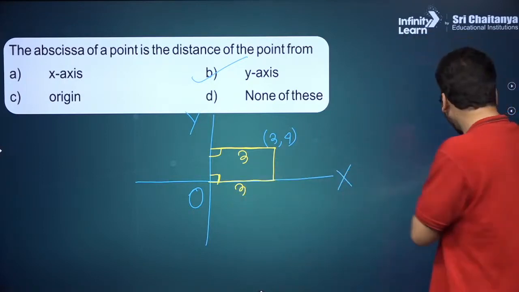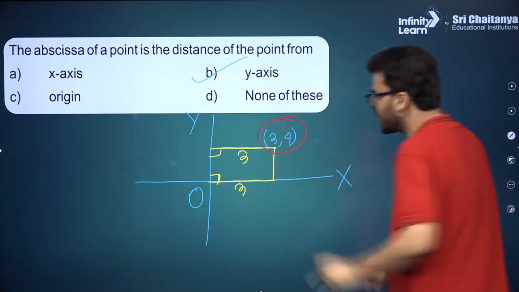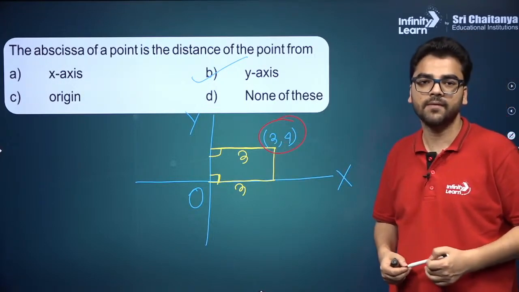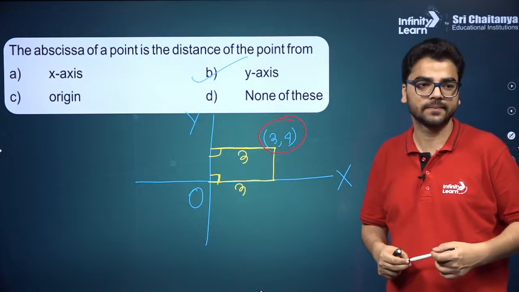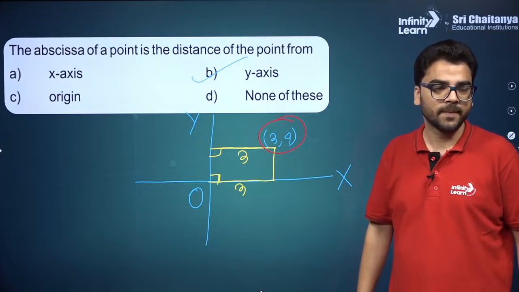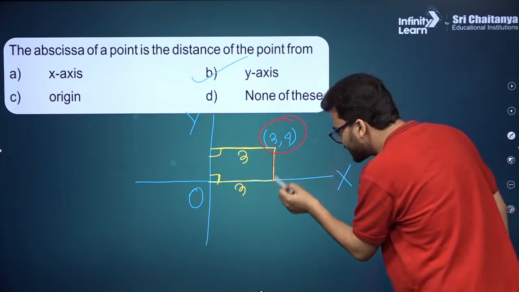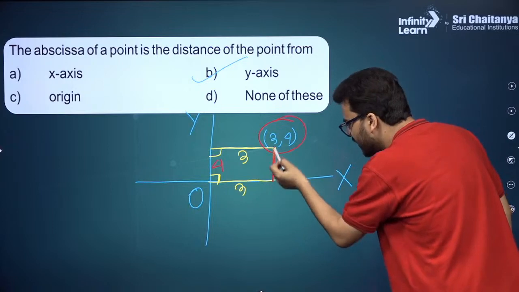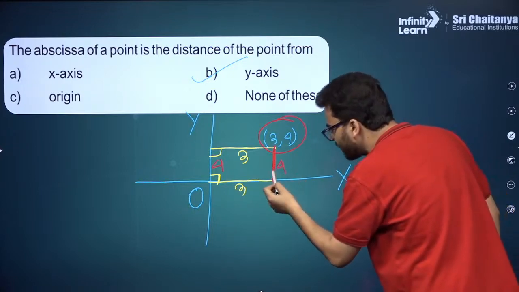And if I ask what is the perpendicular distance of this point from x-axis, can you tell me? So you see, this is 4 or not, guys? This is 4. Isn't this the perpendicular distance, or if you write only distance, that will also work.